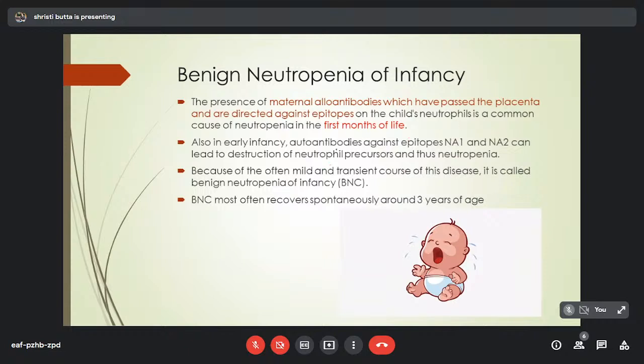These can lead to destruction of the neutrophilic precursors and thus cause neutropenia. Because of the often mild and transient course of this disease, it is referred to as the benign neutropenia of infancy. The disease recovers spontaneously, usually within 3 years of age.